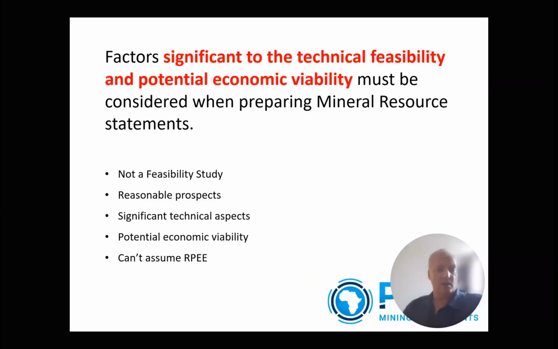So going back to where we started, significant factors that are significant to the technical feasibility and potential economic viability. I don't think you need to do a full feasibility study, but you do need to do some assessment. You need to look at what's reasonable, both from a technical and economic perspective, and looking at significant technical aspects that could affect an operation, good and bad.